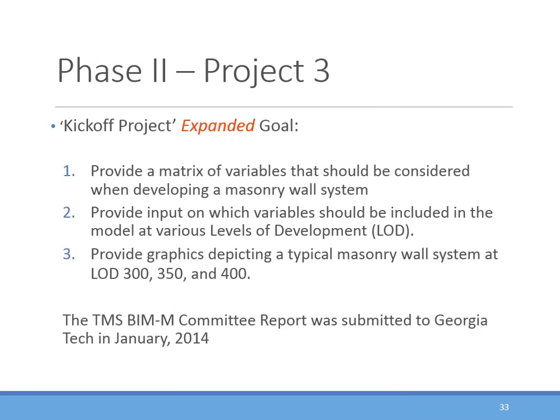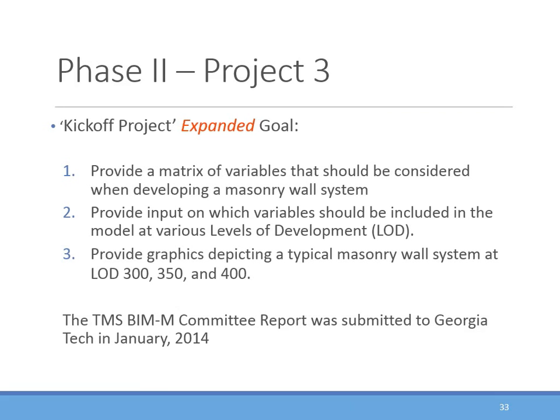Of course, you get a bunch of overachievers in the room, and that goal expands. So we actually built upon that goal and said instead of giving some static representations of 10 different masonry wall sections, maybe we should step back and take a more global view. And so what we ended up developing was a matrix that would define all those different variables that are considered when you're developing any type of masonry wall system.